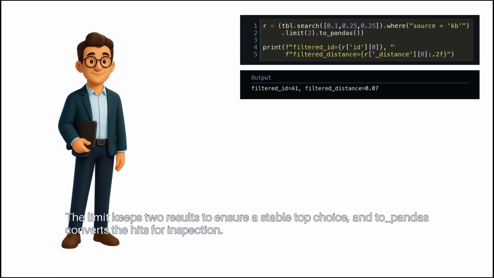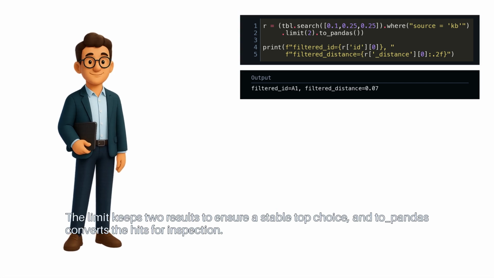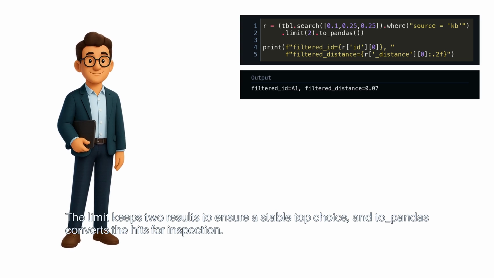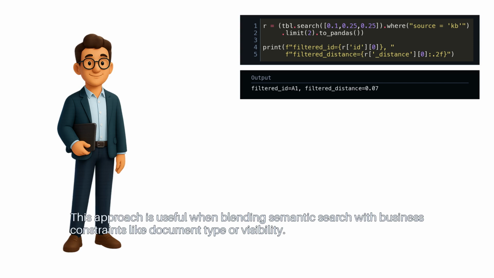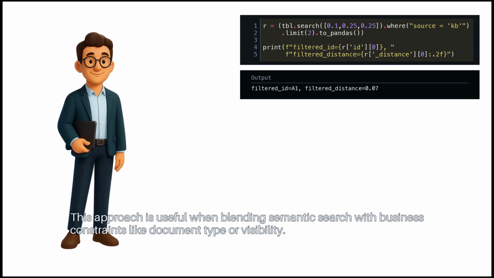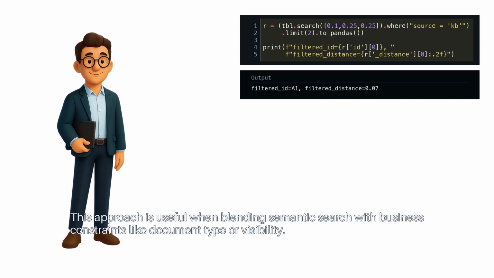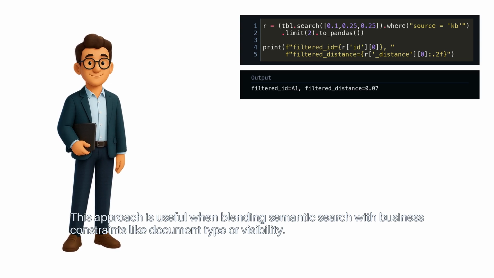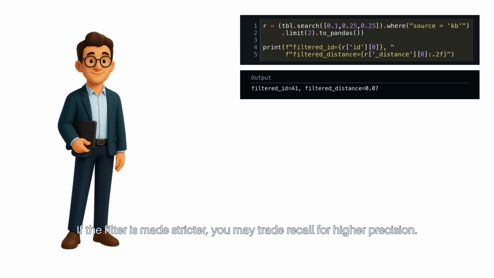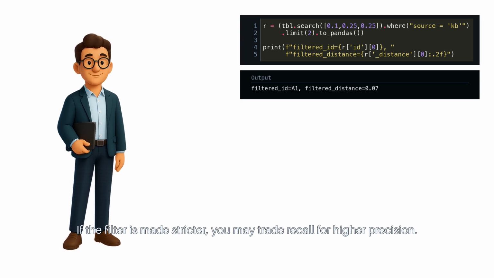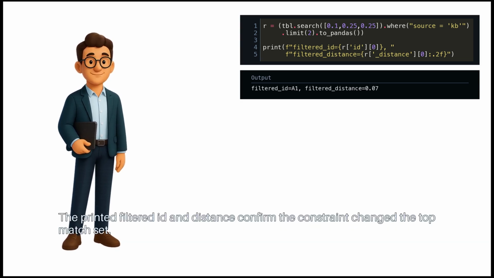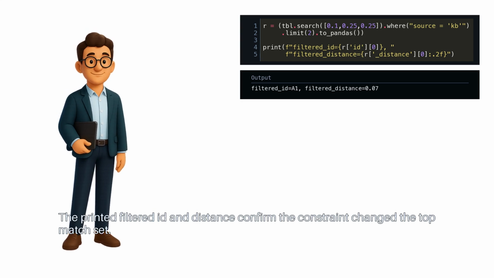The limit keeps 2 results to ensure a stable top choice, and to_pandas converts the hits for inspection. This approach is useful when blending semantic search with business constraints like document type or visibility. If the filter is made stricter, you may trade recall for higher precision. The printed filtered ID and distance confirm the constraint changed the top match set.